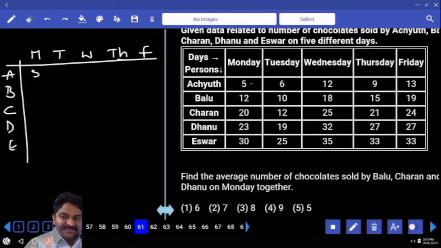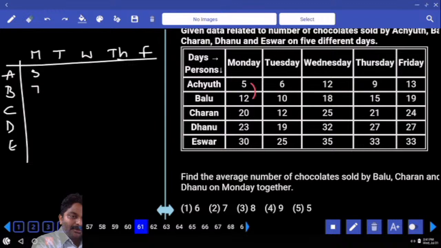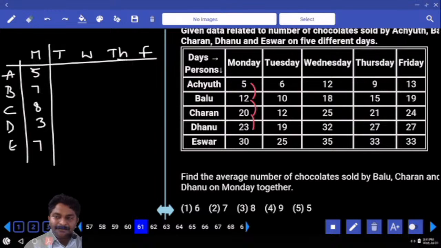As it is cumulative data, we have to verify it. Monday, Tuesday, Wednesday, Thursday and Friday. 5. What is the difference? Come on. 7. Next, 8. Next, 3. 7. This is Monday. Next Tuesday: 6, 4, 2, 7, 6.